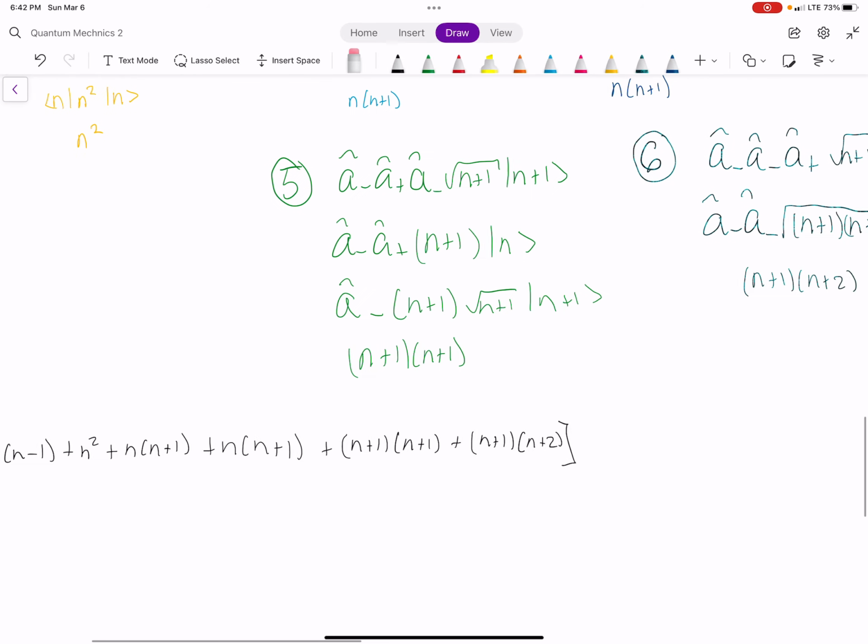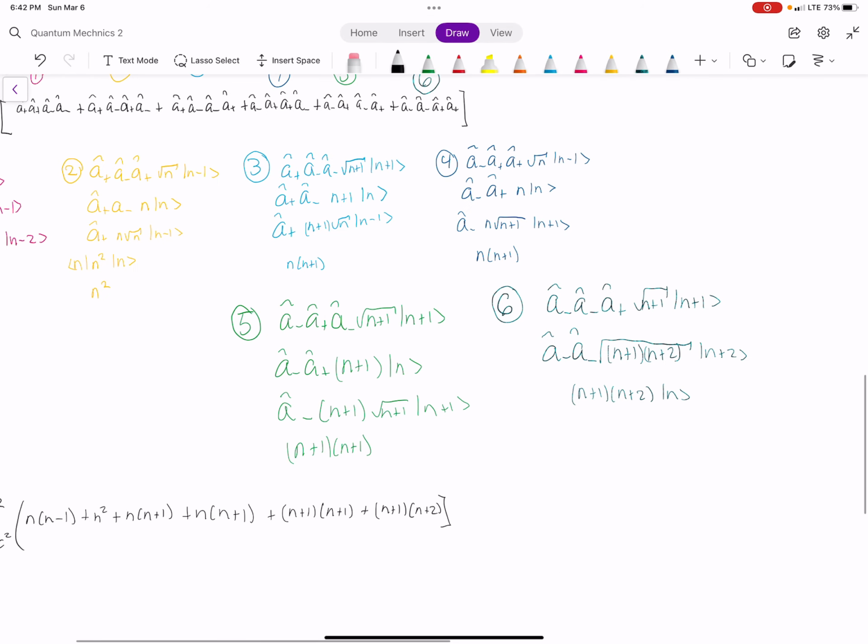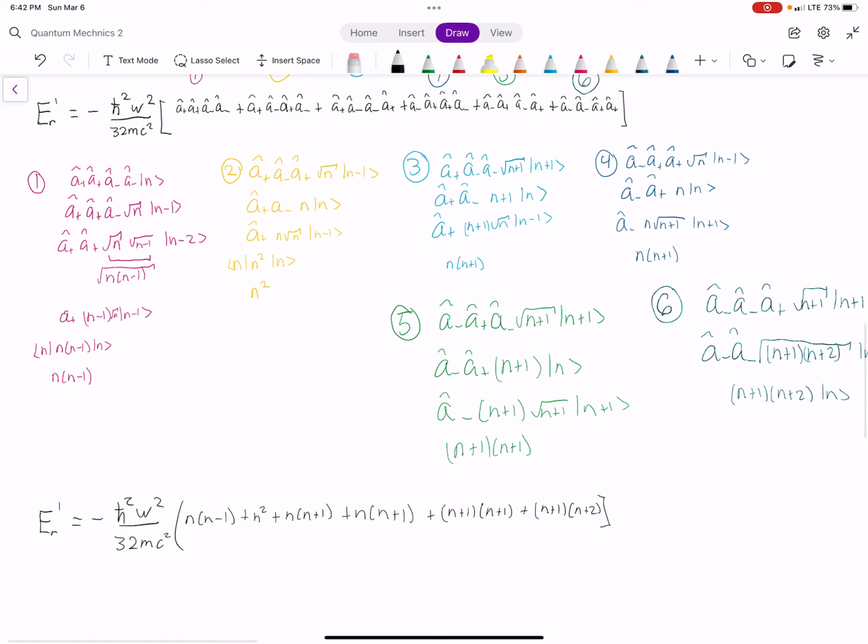Okay, hopefully I did all of that correctly and I didn't miss anything. I think I'm okay. 1 is this, 2 is this, 3 is that.